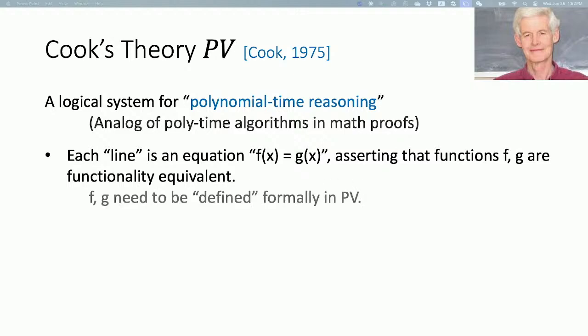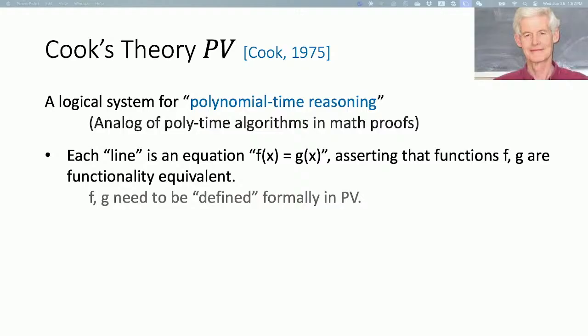Note that to argue about properties in this logical system, you need to formally define f and g every time you introduce them. You need to first define f and g precisely, then you can formally argue about them.